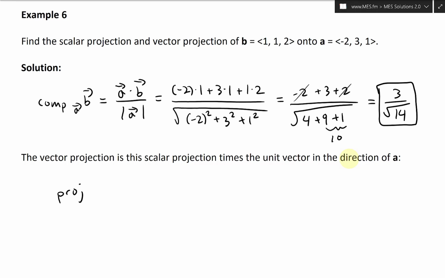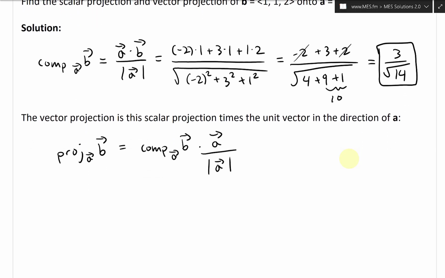Projection of B onto A is equal to the scalar projection of B along A, multiplied by the unit vector along A. In other words, divide A by its length.